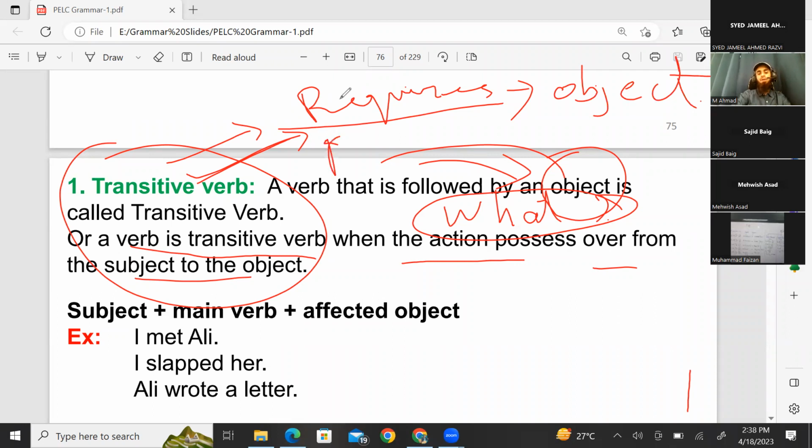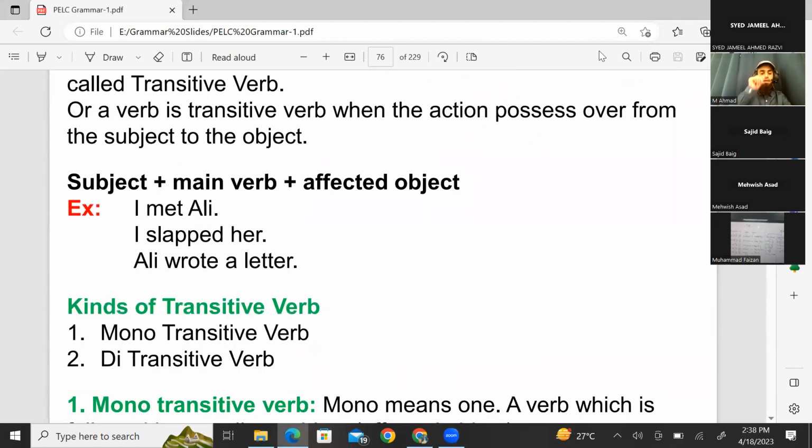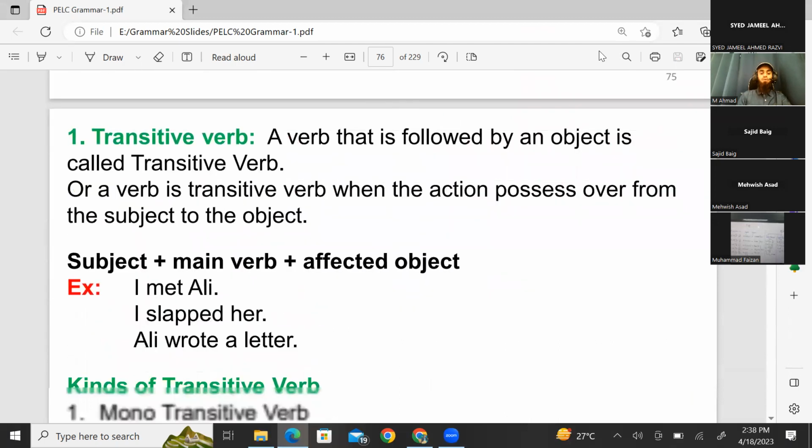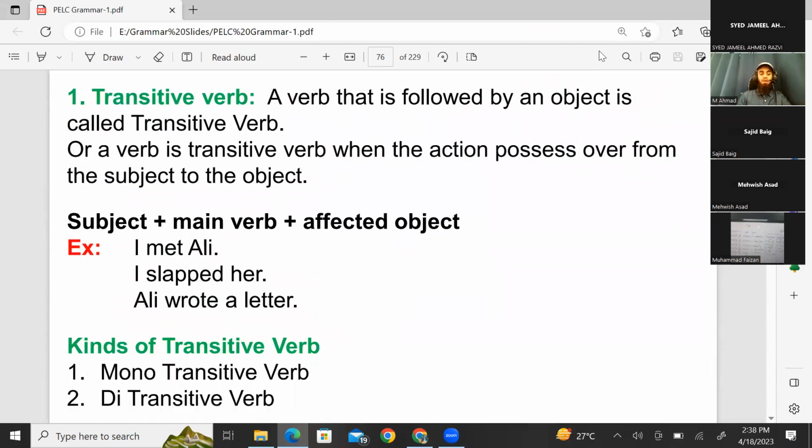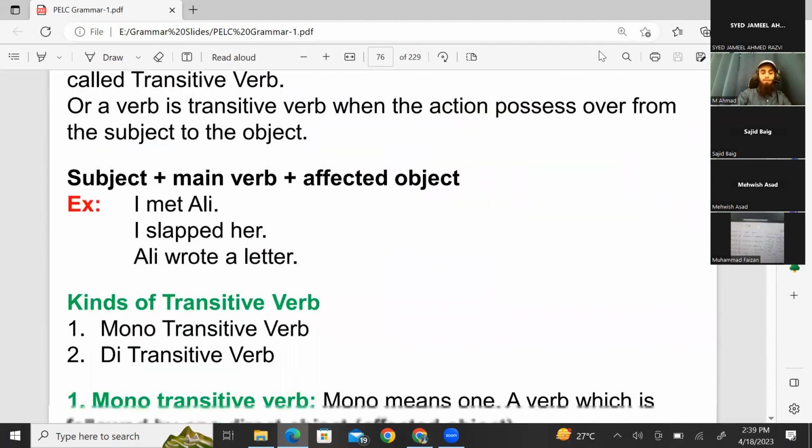And there is the possibility of only a what question, not who, where, why, when. For example, I met Ali. I met whom? Here the requirement is for the affected object, right?